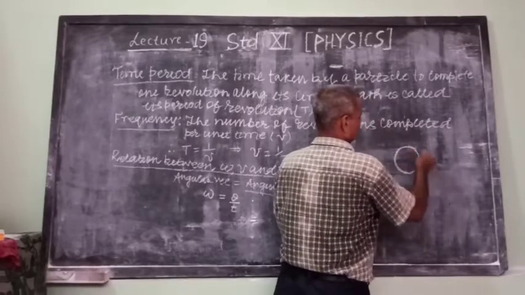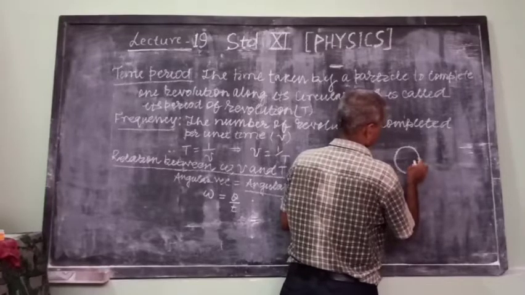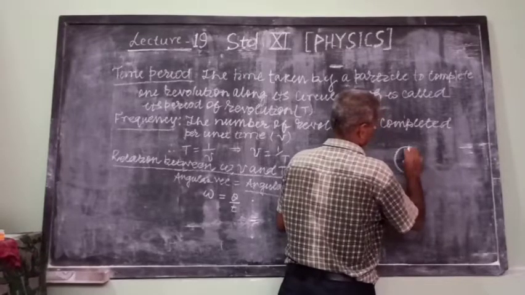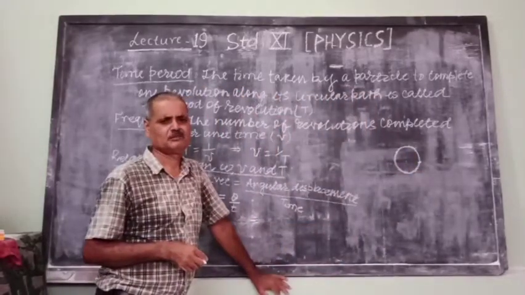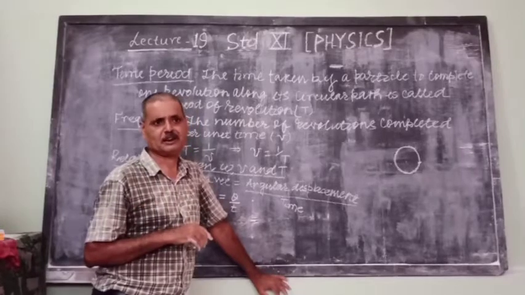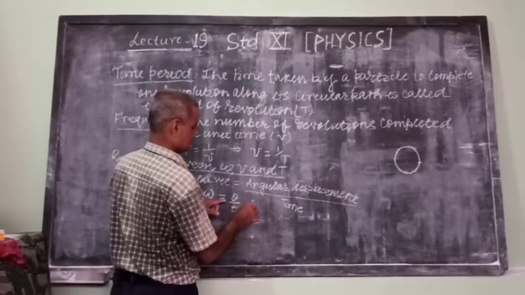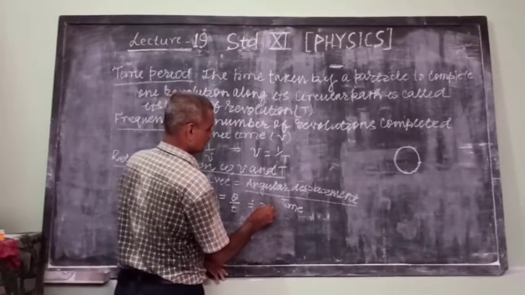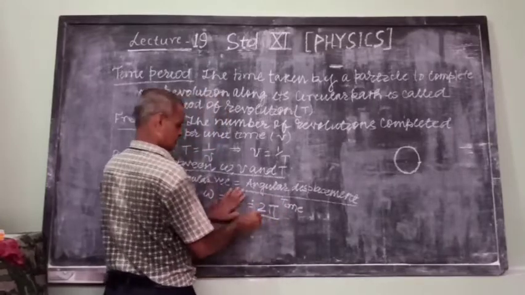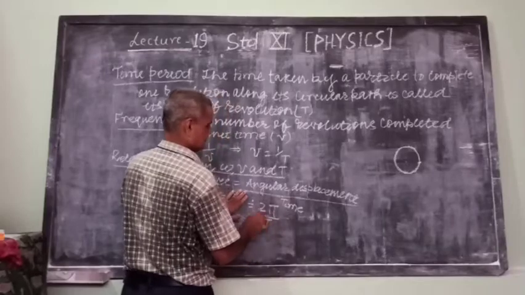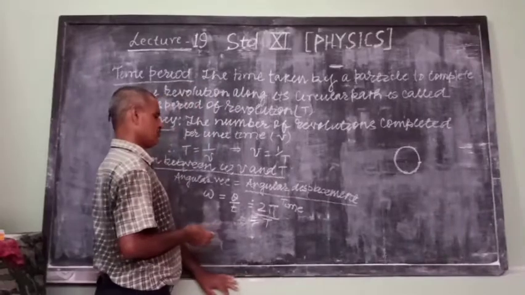It means one complete revolution, and the whole angle from this point to this point of the circular path is 2 pi, mathematically 360 degree. So this can be written as 2 pi by the time taken, T, the time taken to complete one revolution.